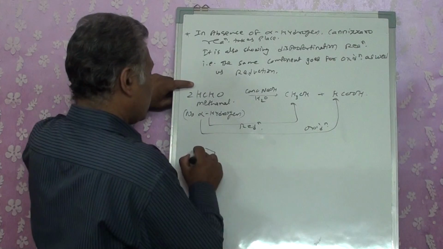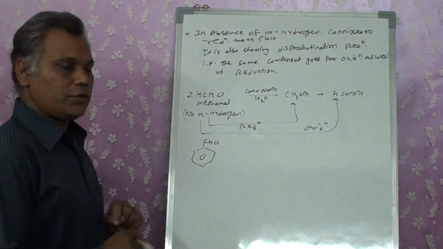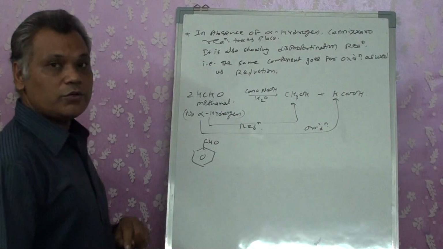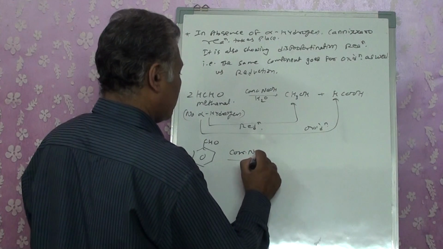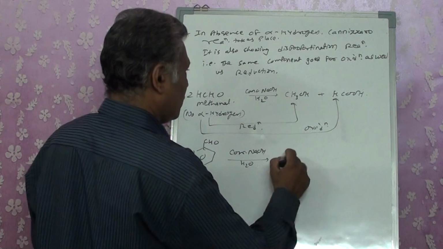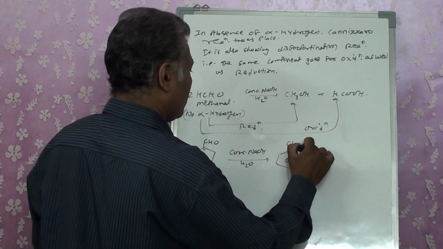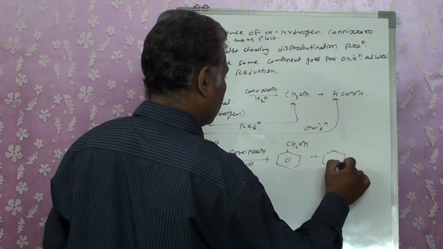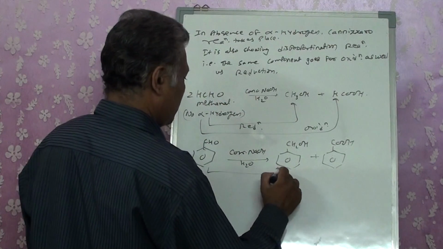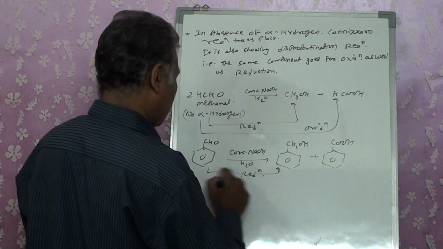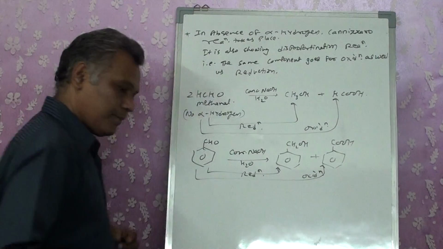We took benzaldehyde. It does not have alpha hydrogen. Carbon is there, but alpha hydrogen is not there. So what will happen? With concentrated NaOH, H2O, it will produce C6H5CH2OH plus C6H5COOH. Again you can say that it's a reduction and oxidation, right?